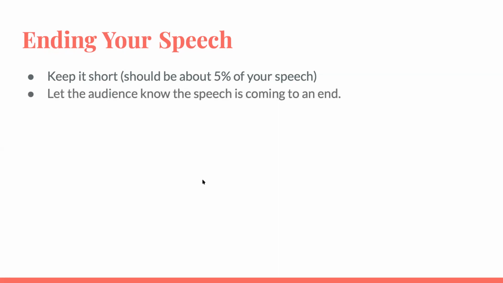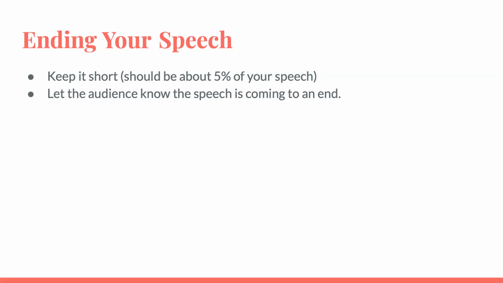You want to make sure that you let the audience know that the speech is coming to an end. There's nothing more frustrating than ending abruptly. I don't know about you all, but when I go to the movie theater and I'm watching, for example, a horror film, and the horror film just ends in a cliffhanger, there's nothing more frustrating to me than that, because I want to see how things end, how things are wrapping up really nicely.